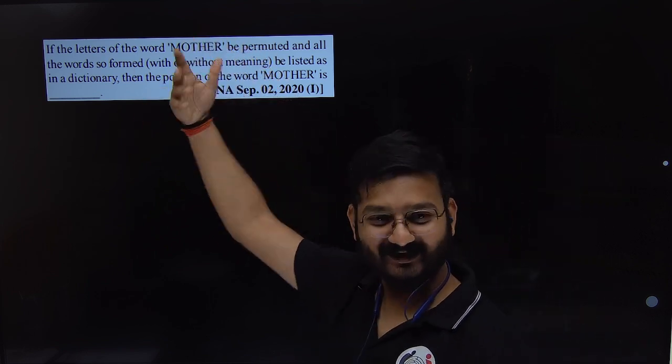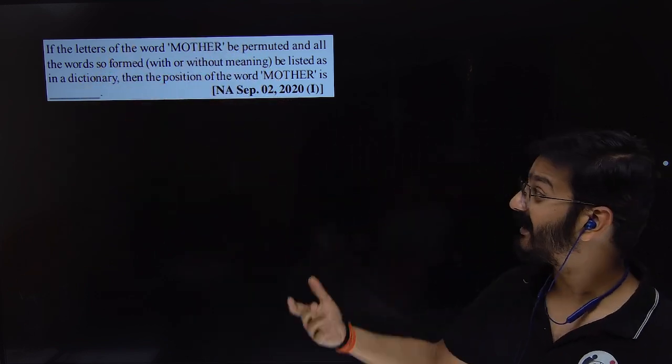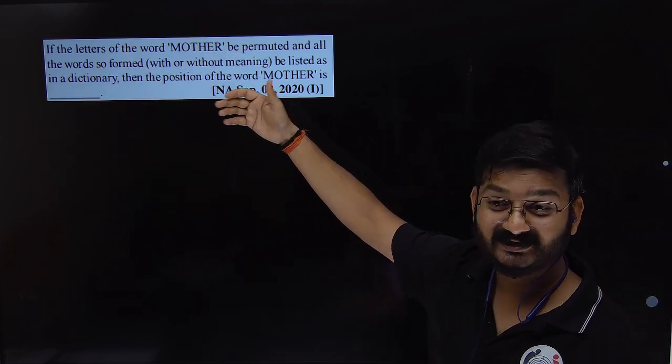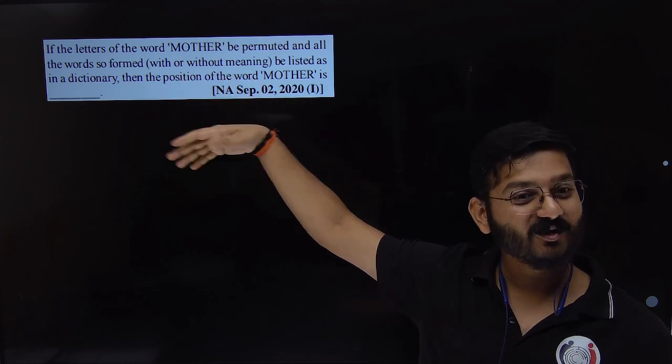Six letters are there, so 6 factorial. That is the reason they ask me. You need to arrange as it is arranged in the dictionary. It's not the total number of arrangements.